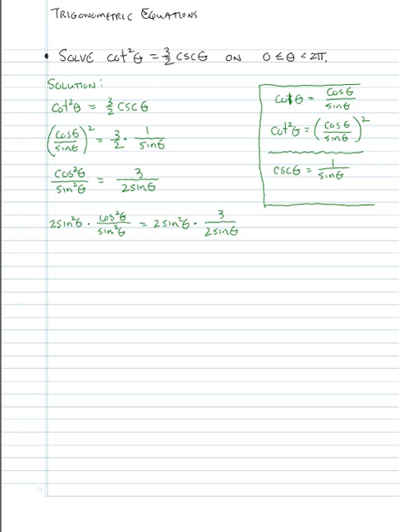So in this case, we get the sine squared thetas canceling, and we're left only with 2 times the cosine squared theta. Now over on the right, the 2's cancel, and we have sine squared theta over sine theta, which is just sine of theta. It's like x squared over x, that's just x.